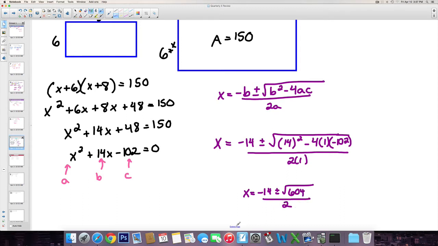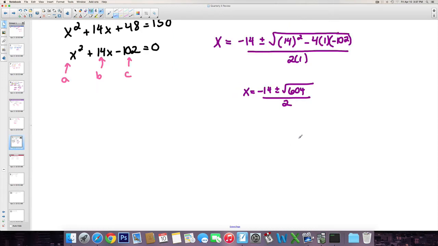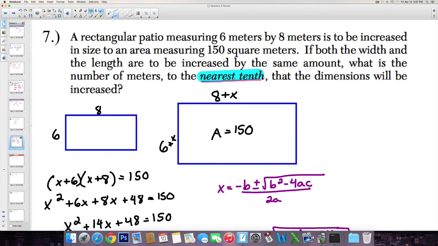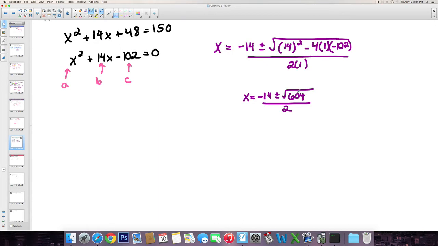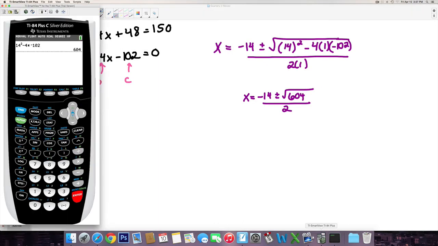Since this says to round to the nearest tenth, I'm not going to bother to simplify the radical here. Instead, I'm just going to put this all right in the calculator. Negative 14 plus square root of 604, divided by 2. We get 5.28, or 5.3.